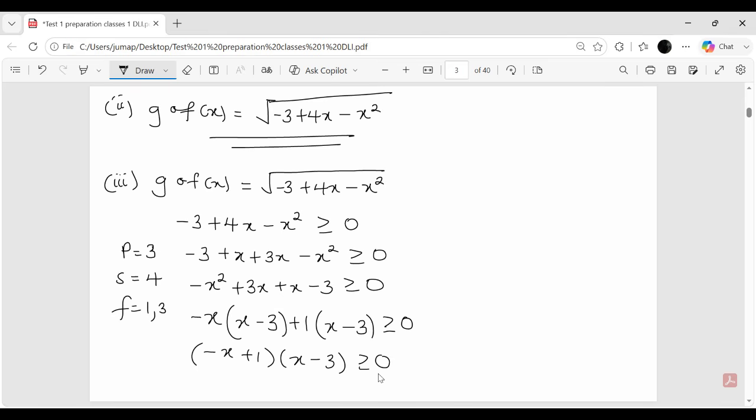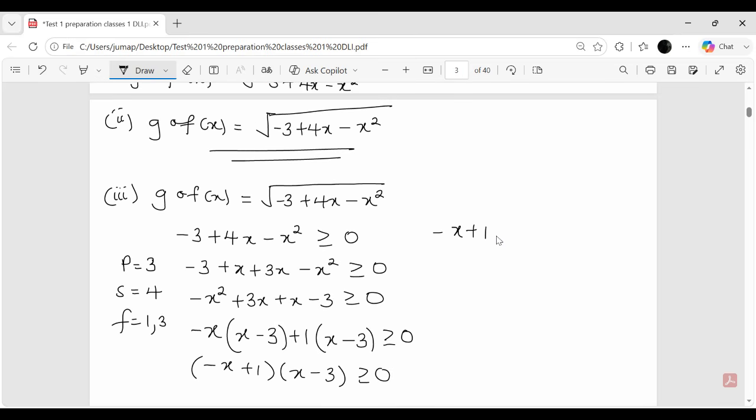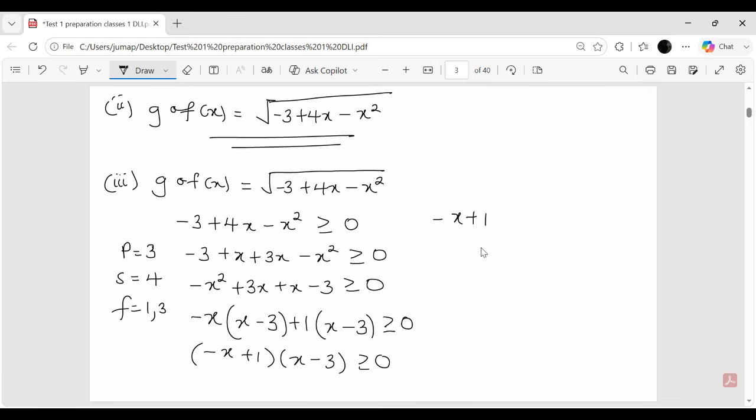So after having this, I'm going to equate: negative x plus 1 must be greater or equal to 0, and then x minus 3 must be greater or equal to 0.